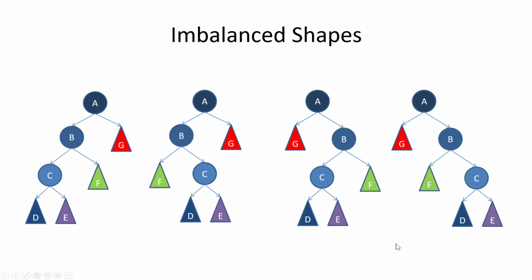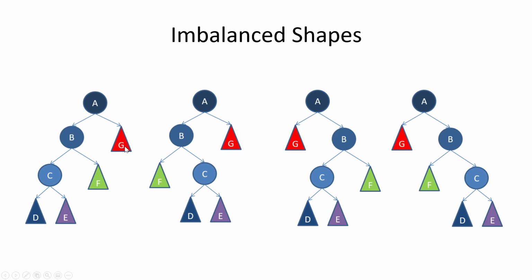Okay, here are our 4 cases of imbalance stated for us again visually. This will be our left left. You can see it's because our top node here is the one that's imbalanced in all of these cases. Here we are assuming all of our triangles are of the same depth.